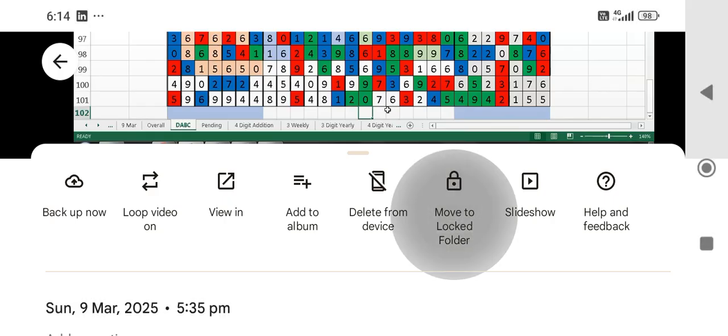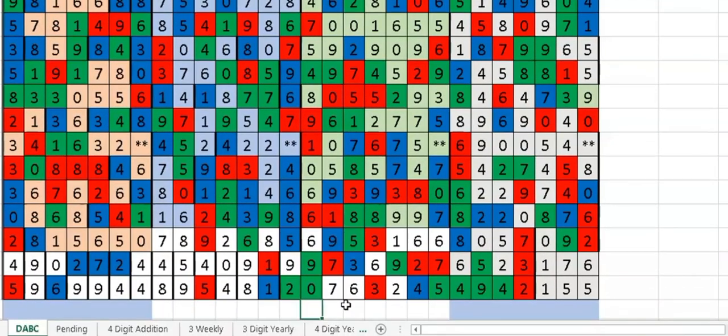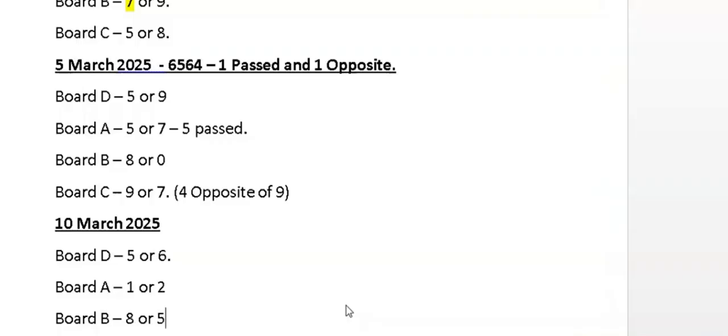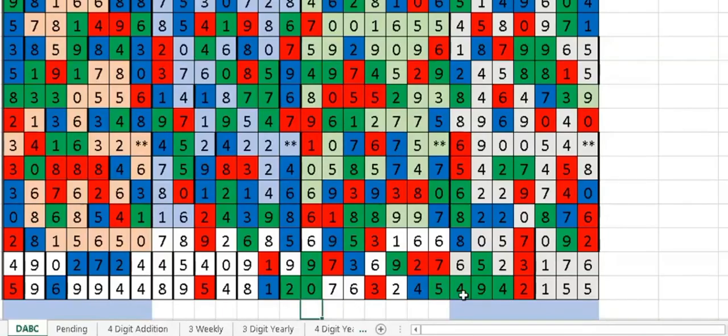Board B, you can see today we've got a 5, green, green, green. So 8 would make a green the third Monday in a row. Something of that sort has happened 4 weeks in a row. We had blue come on a Sunday.